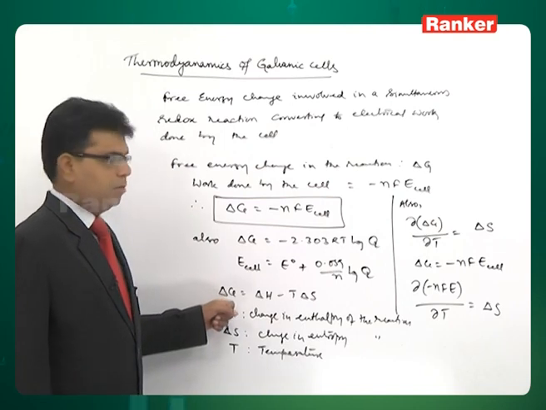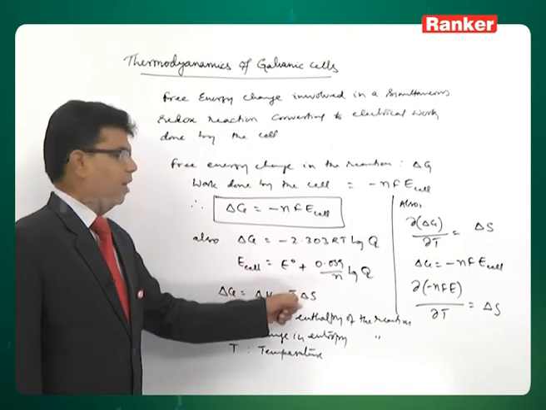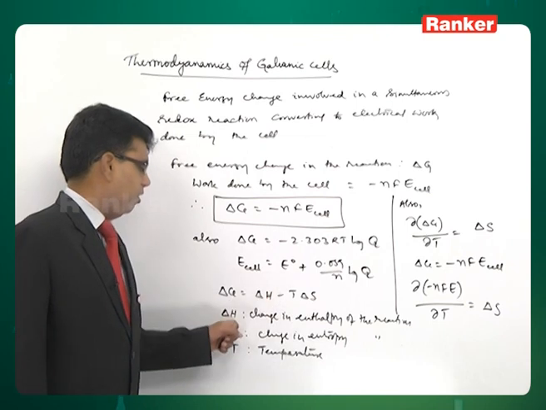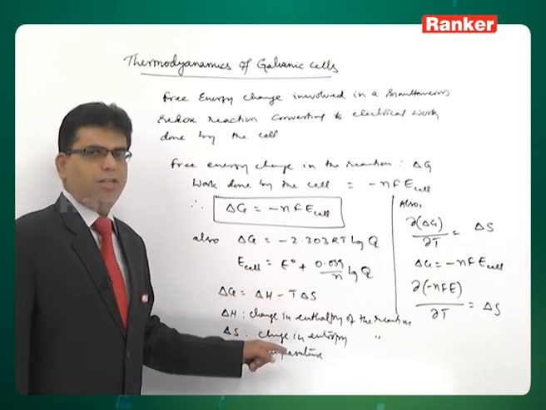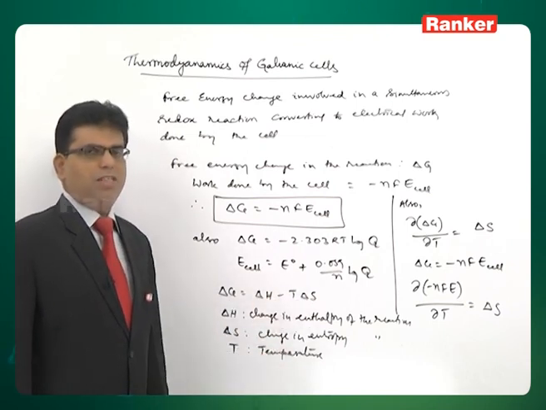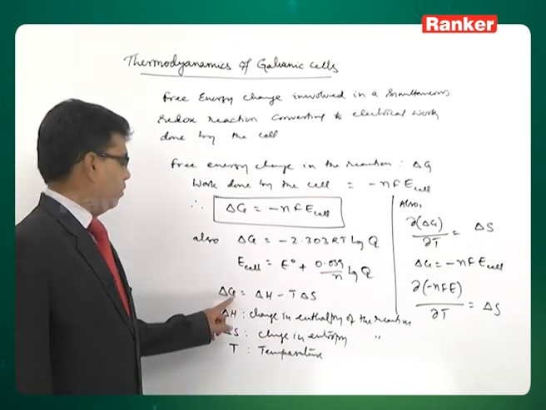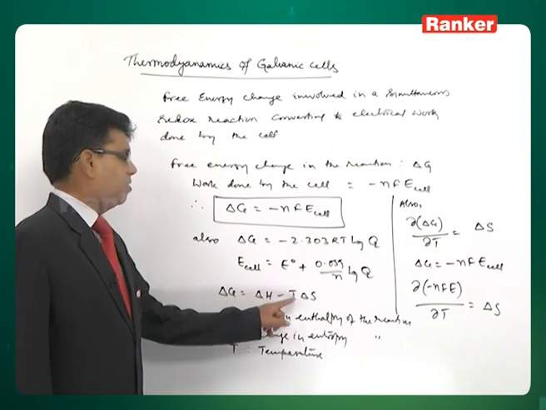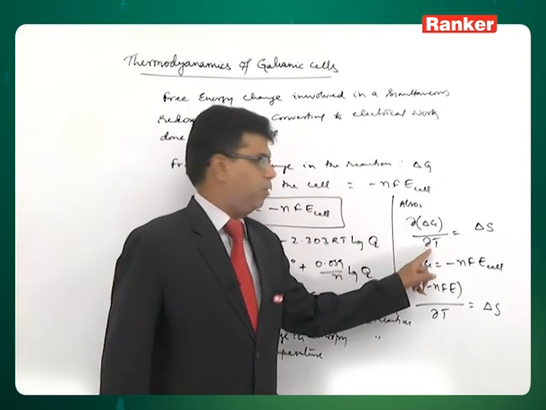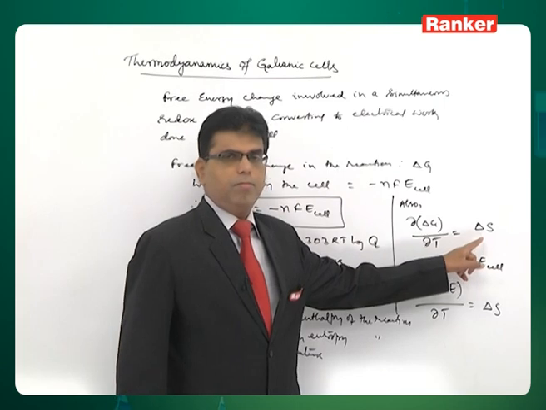In thermodynamics, also we say delta G is equal to delta H minus T delta S, where delta H is change in enthalpy, delta S is change in entropy, and T is the temperature at which the reaction is carried out. Now, from this relation, delta G is equal to delta H minus T delta S, also we say that dou delta G by dou T is equal to delta S total.